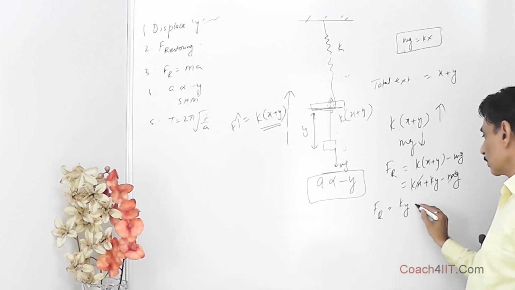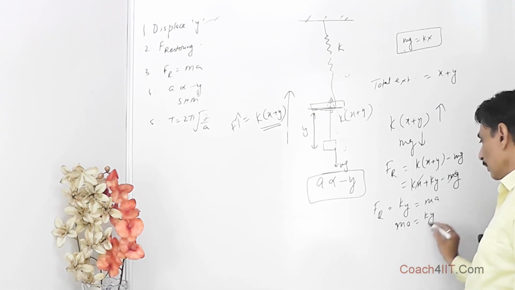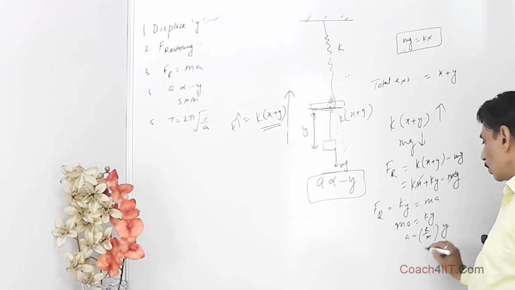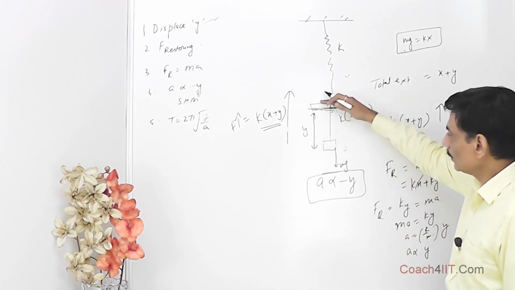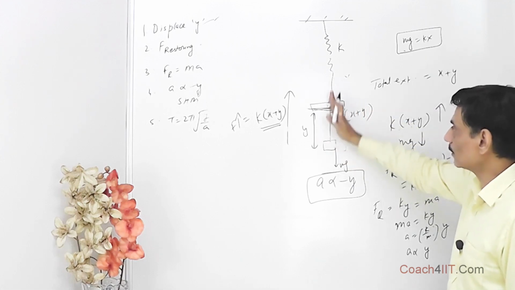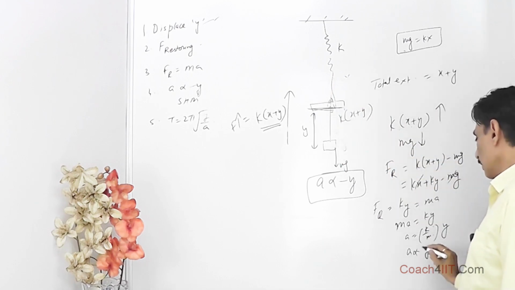So restoring force is equal to mass into acceleration. So m into a is equal to ky. So a comes out to be k by m into y. k is constant, m is constant. So it means acceleration is proportional to y. And we have also seen that when we pull it down, displacement is in one direction and restoring force is in the opposite direction, so they are oppositely directed. So we can say acceleration is proportional to minus y.